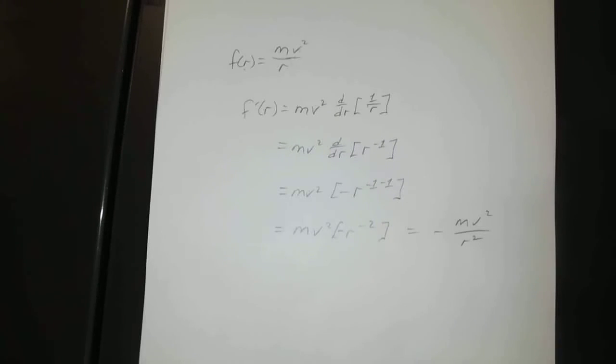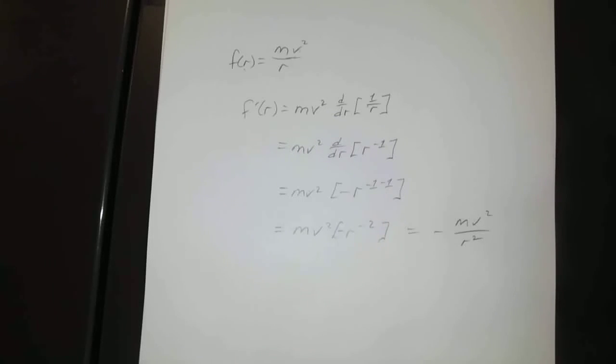Let me use a different one. Let's say t. So if you use a t, the derivative of t is treated as a constant because you're differentiating with respect to x. So the only variable you're differentiating is x. Everything else is treated like a constant.